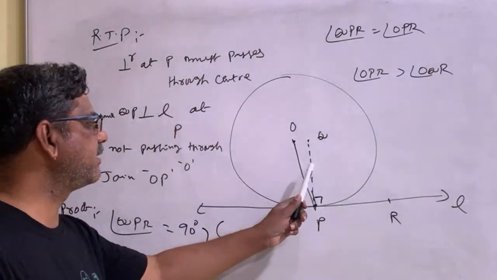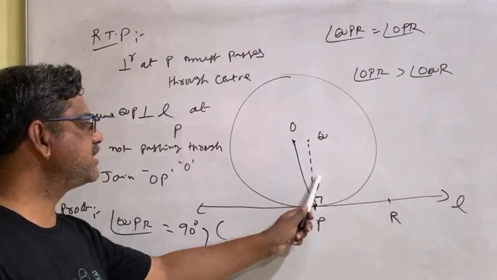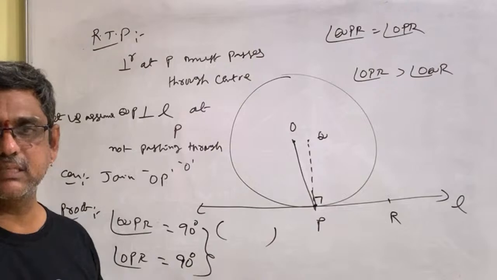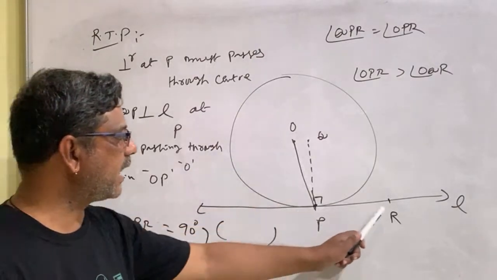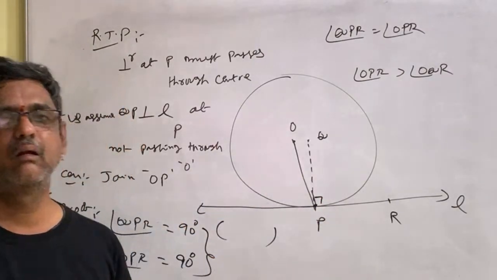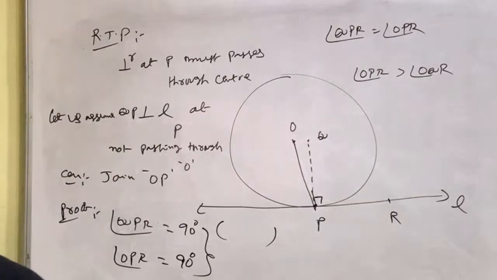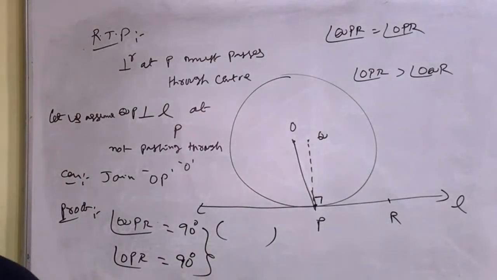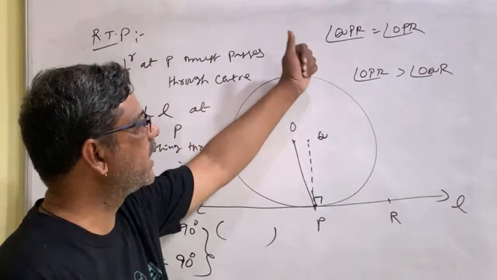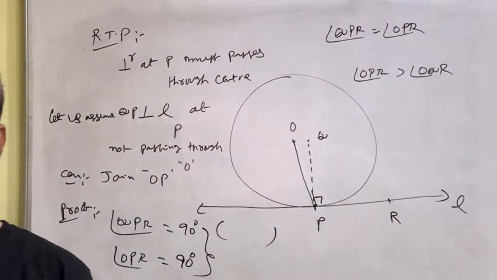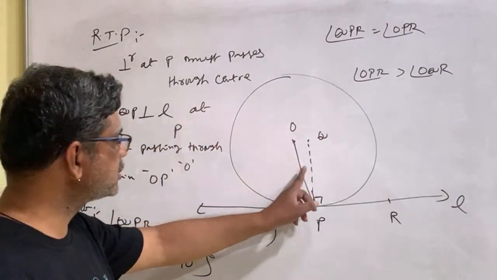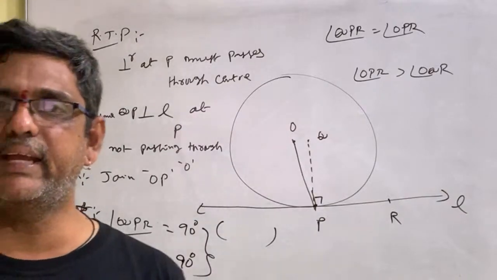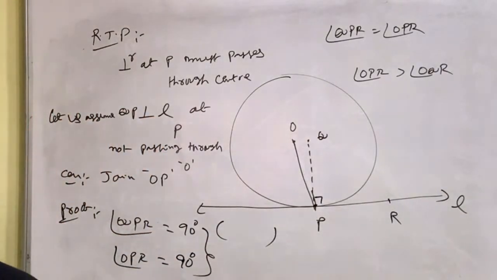If these two are different line segments, angle OPR is greater than angle QPR from the figure. But what we got? They are equal. That means these two are not two different lines, they are the same line.